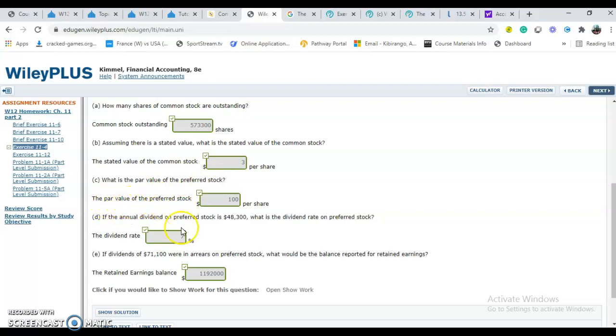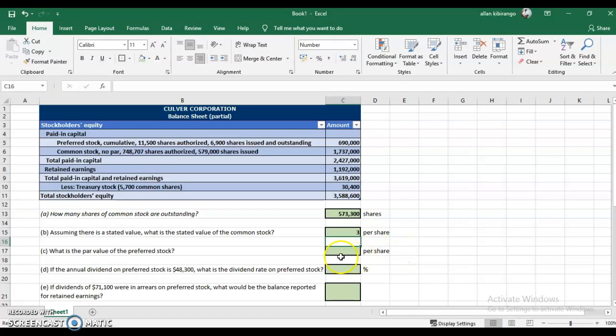The par value of the preferred stock here, I calculated it by dividing the preferred stock paid in capital, which is this one, the 690,000, divided by the number of preferred shares issued.